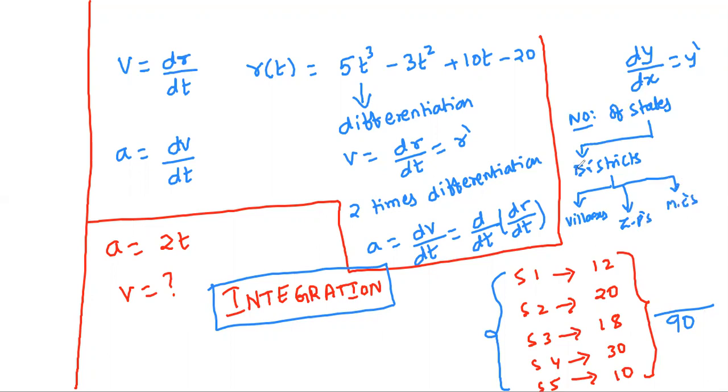So firstly, they will find the population in villages, ZPs, and municipal corporations. That will be the population in one district.